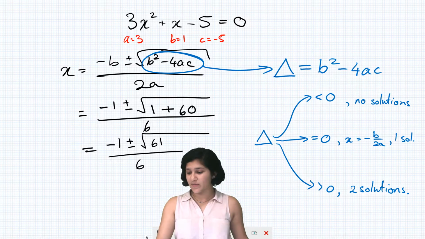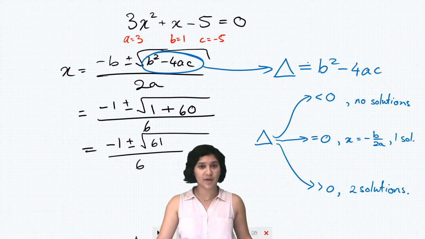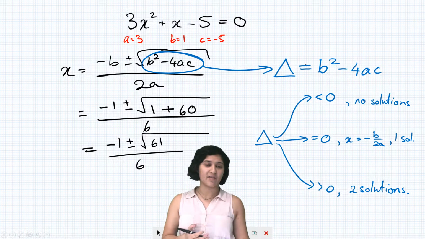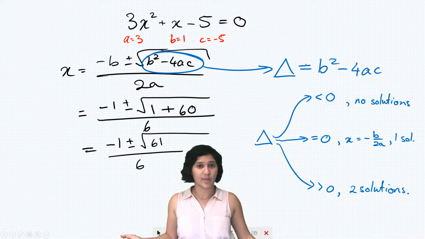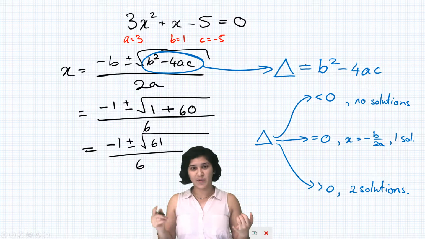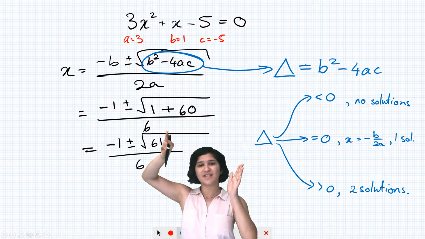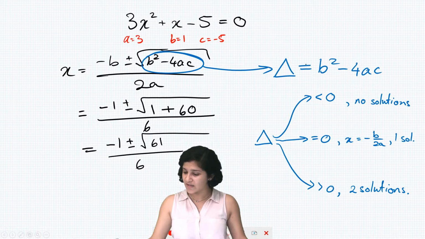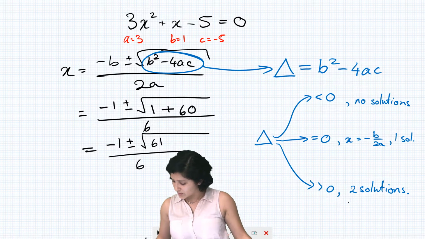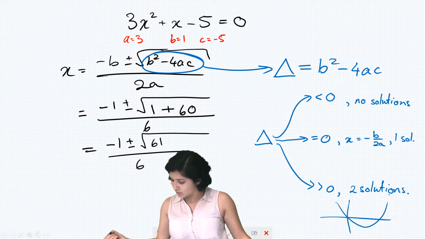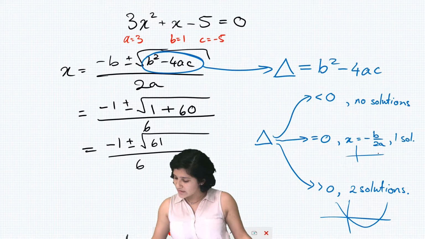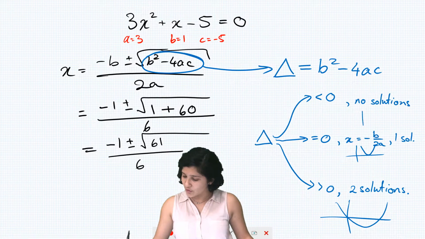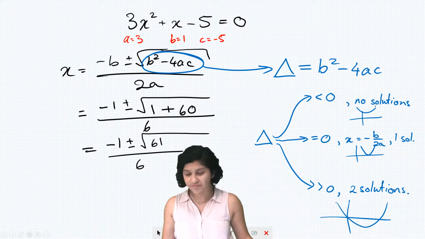So this is really handy because just by looking at the discriminant, we can know straight away how many solutions we have. And some of the time, that's all we actually care about, is whether our parabola is going to cross the x-axis and have two solutions, whether it just touches and just has one solution, or whether it kind of floats and has no solutions at all.